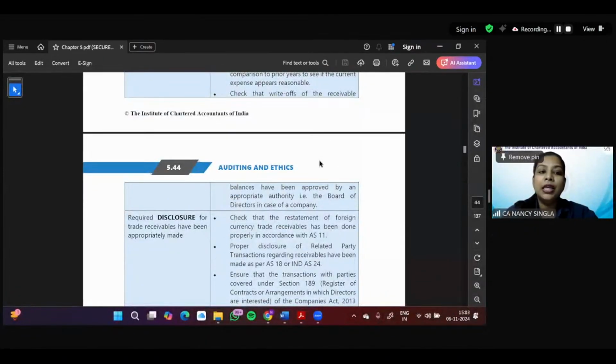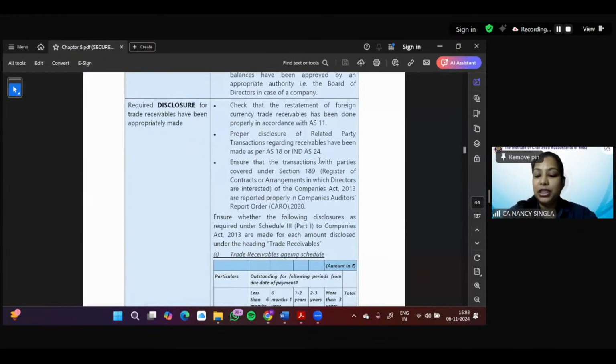Now we'll be starting with the disclosure requirements. So quickly send in your replies whether whatever we have done so far is clear, because in the last session I was not able to view queries of some of the students. So I hope whatever we did in the last session was clear to all of you. Quickly send in your replies.